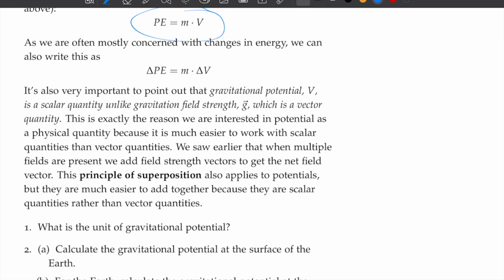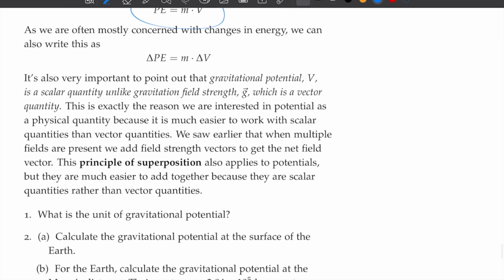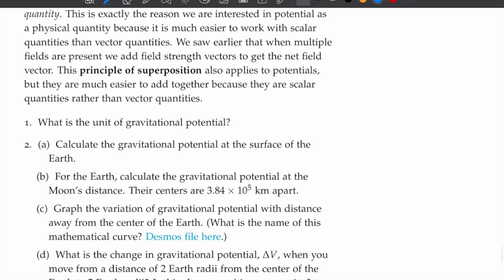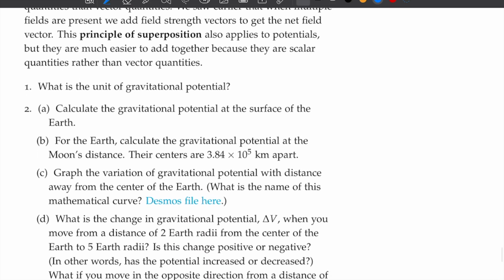But vector addition can be a little bit complicated. But when we're just adding potentials, then it's much easier because we're just adding simple magnitudes together. And you'll see the advantage of that when we start doing some problems.